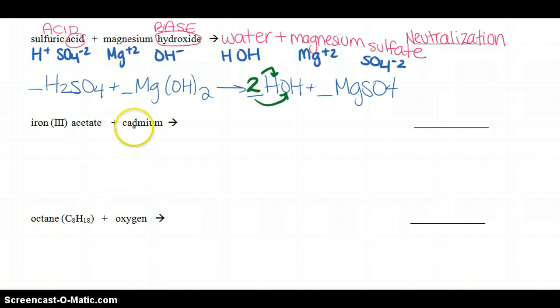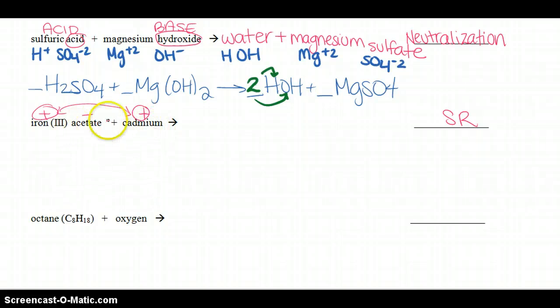Iron 3 acetate plus cadmium. So I've got a compound and an element. Single replacement. When that's the case, I identify the element by itself. It's a cation. Because it's a cation, that means I know it's switching places with the other cation.